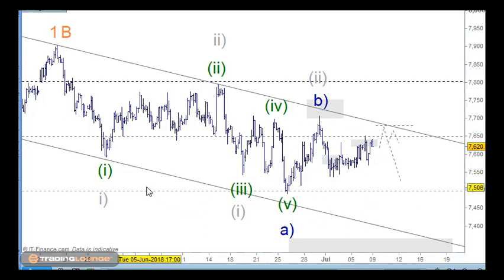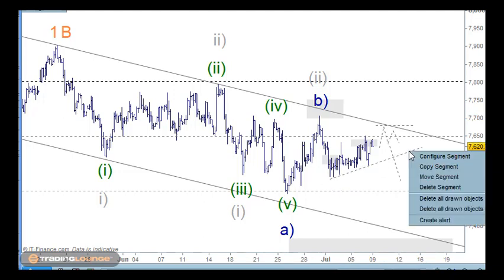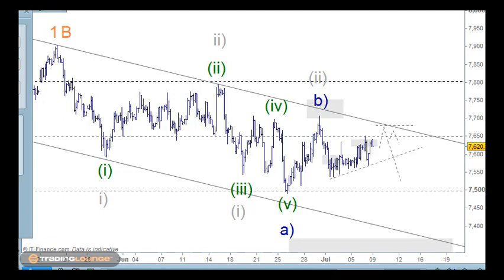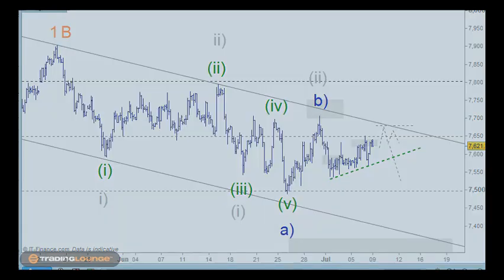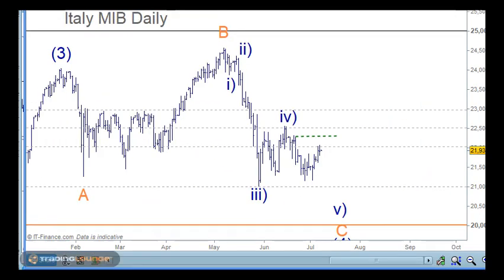It's a very weird count where wave 2 here is the complicated correction and wave 4 here is the simple one. So it can certainly move to the downside here, and we can just put this in here as a bit of a guide stick, but certainly not ready to go short without the other markets, the other drivers in play. And the MIB's a little bit the same as well.